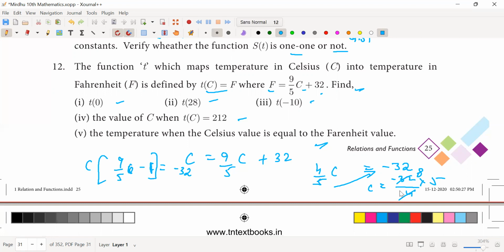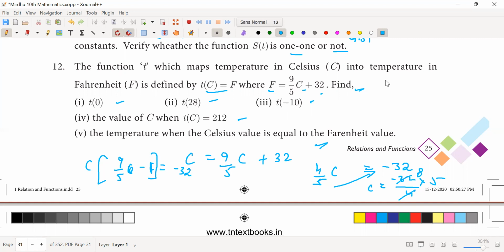Just have to apply. Okay, they are given this from temperature. Actually, that is the real formula for converting Fahrenheit to Celsius and Celsius to Fahrenheit. All right. When we want to convert Celsius to Fahrenheit, now it is 32 degrees Celsius, isn't it?